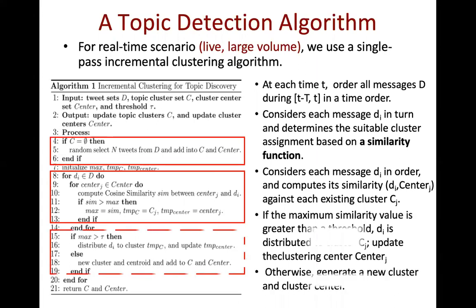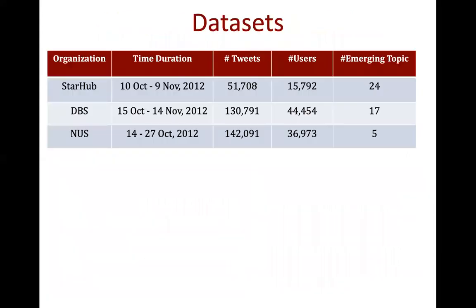So it doesn't require you to know the number of clusters in advance, and the clusters pop up by themselves. So if over time some event is happening and the messages are all similar to each other, then you will end up having a separate cluster related just to that, and you will see that event if your data is sufficient.